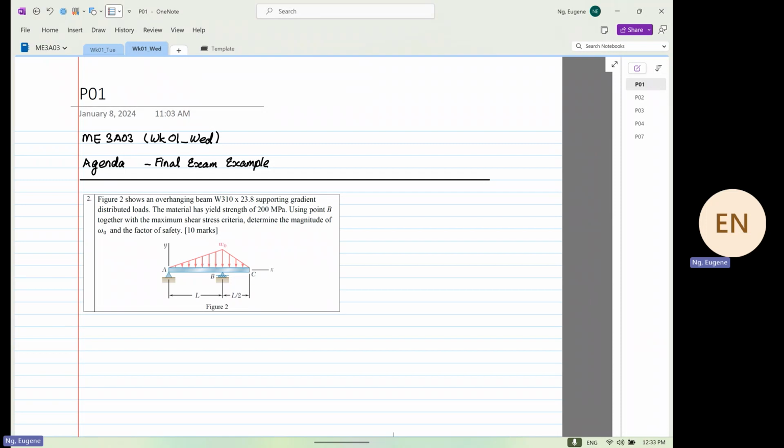So what you can do is assume the value of L. In the solution that you propose, you have to state it, like: I'm going to assume an L value that's equal to 2 meters, or I'm going to assume an L value of 1.5 meters. Whatever L value you assume, the factor of safety will be different.